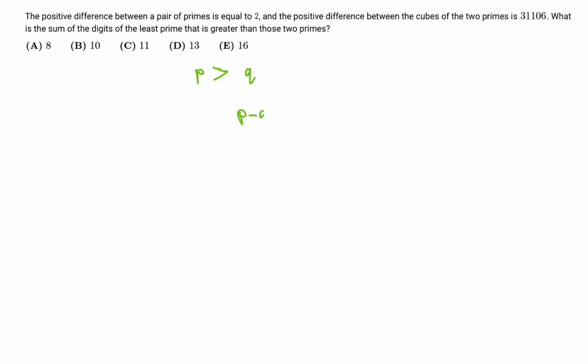So that means that p minus q is equal to 2, and we spot the difference of cubes factors, plus pq plus q squared, and that p minus q is 2.